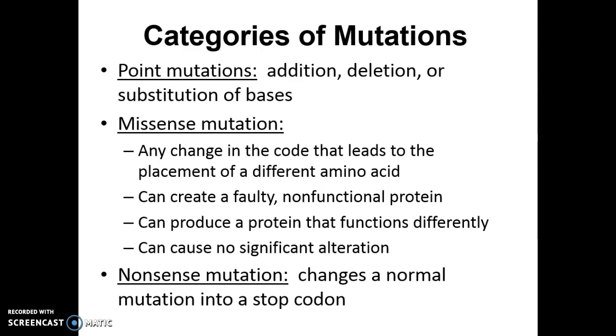And then there's different categories of mutation. So one type of mutation is a point mutation. And a point mutation is just one nucleotide, just a single point within the whole strand of DNA that is mutated. And so that can be due to an addition or deletion of one base pair.